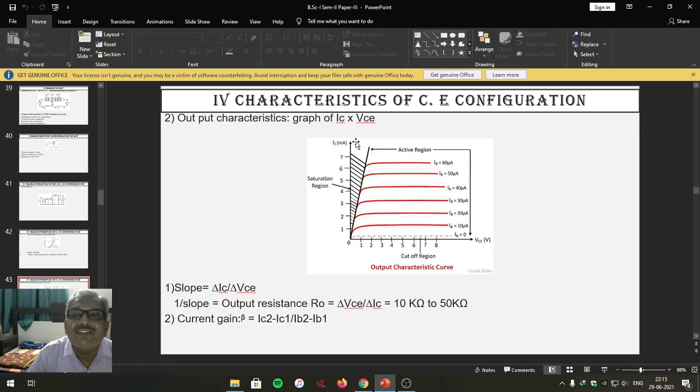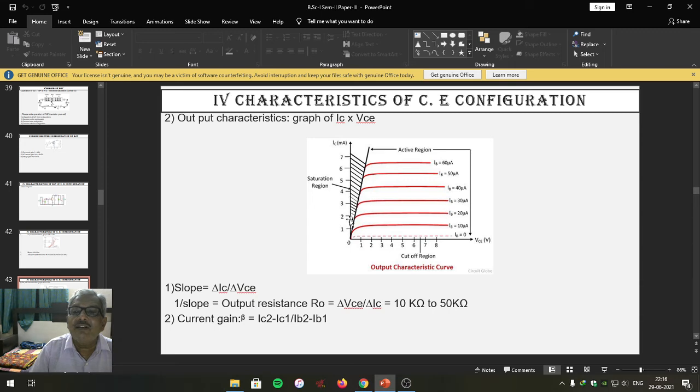On the y-axis, collector current IC is taken. On the x-axis, collector to emitter voltage VCE is taken. Then the graph is plotted for IC versus VCE at constant IB. So this is the graph that represents base current 10 microampere.